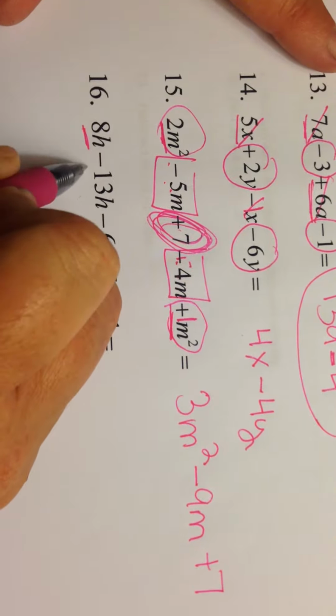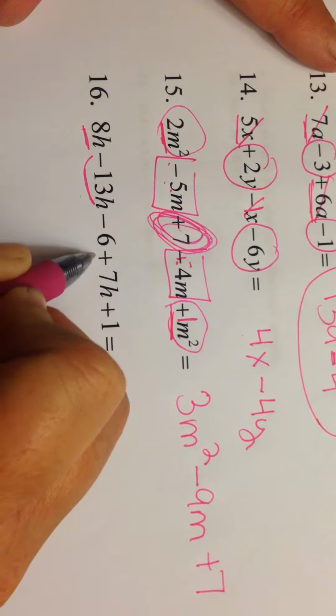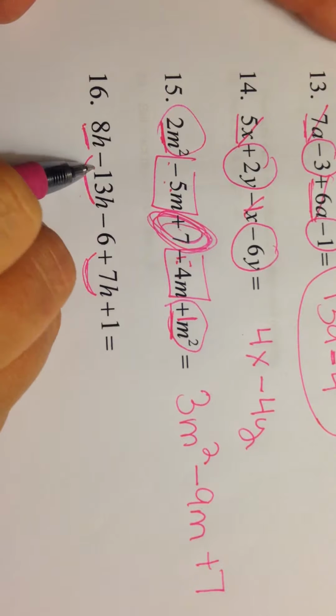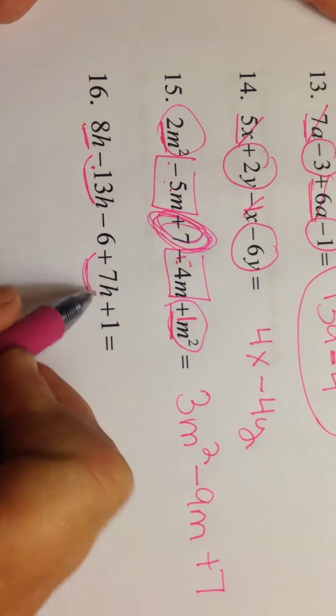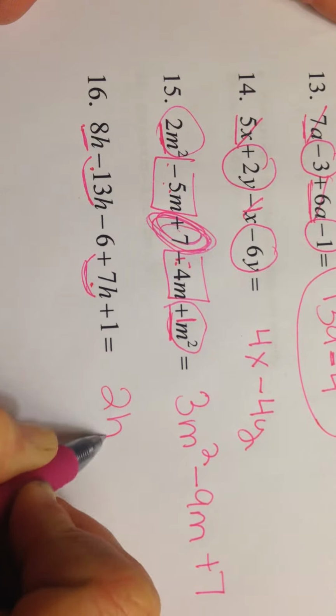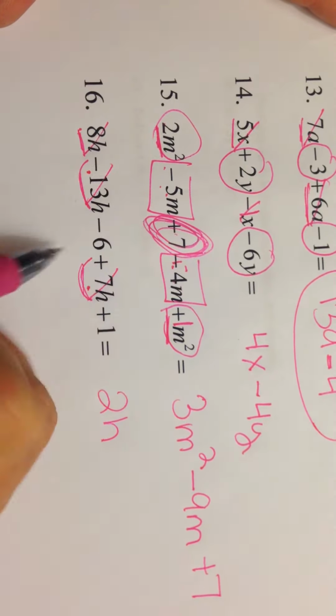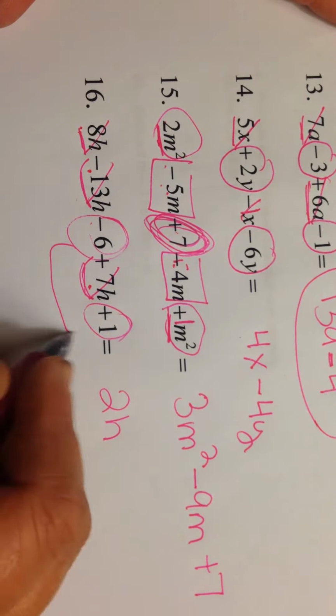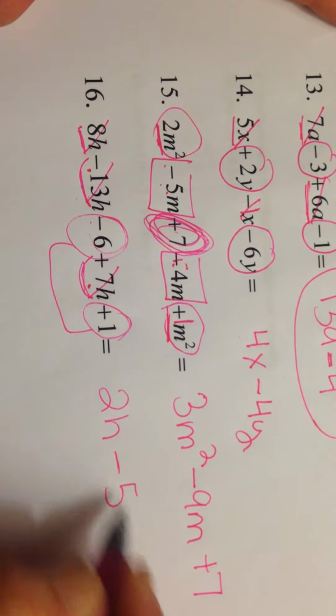Here's an h, here's an h, here's an h. So 8 minus 13 is negative 5, plus 7 would be 2 h's left. Now numbers are constants, so they can go together and we get minus 5.